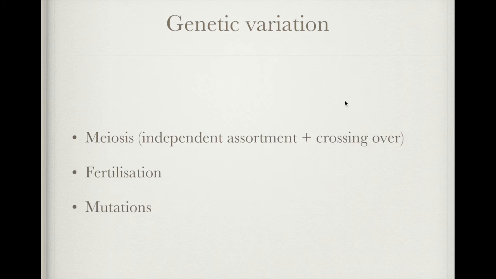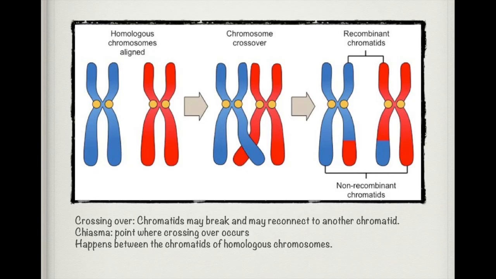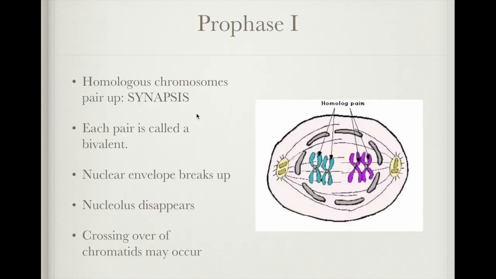Another factor is the independent assortment of the homologous chromosomes, and what is that? Let me rephrase, I apologize. One chromosome from each homologous pair will go to one daughter nucleus, but we don't know which.